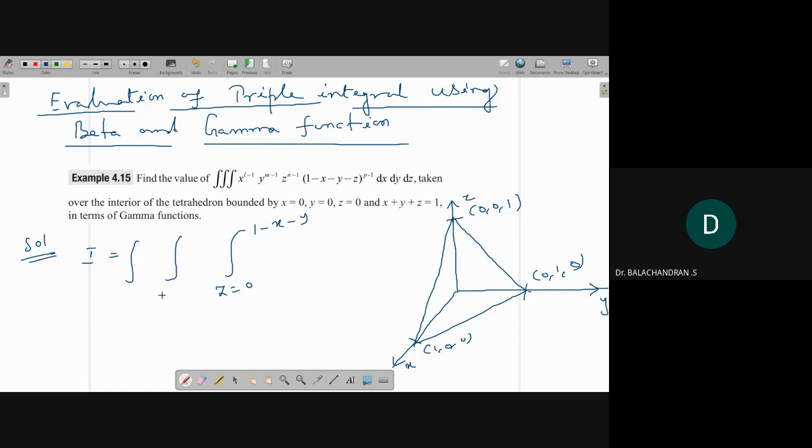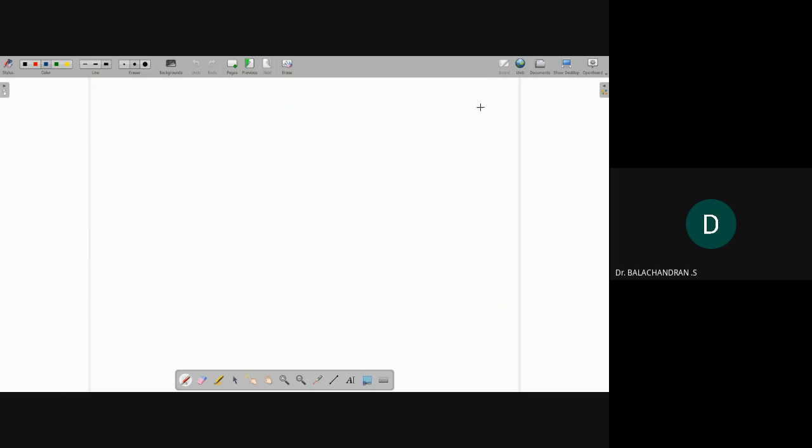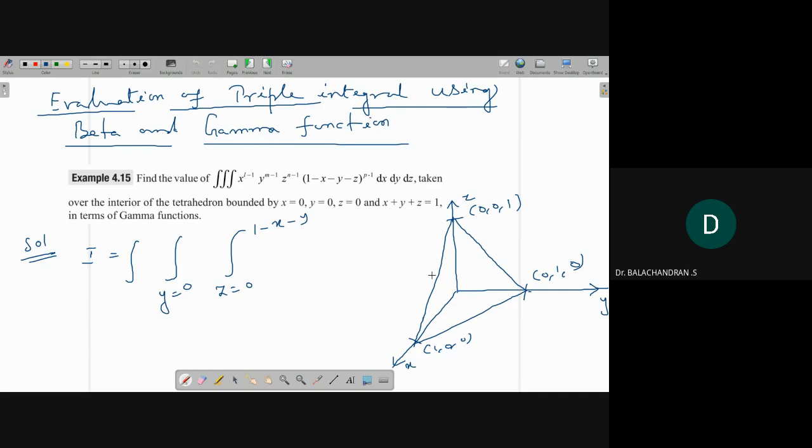What about y? 0 to 1 minus x. First, you need to project onto the xy plane. If you project, you will get only this portion.